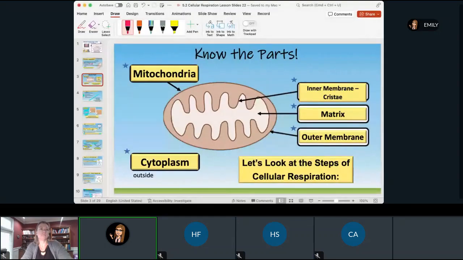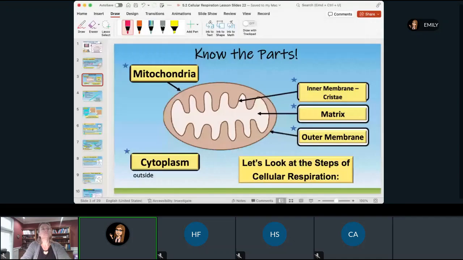Your mitochondria is free floating in your cell, and remember that cells are full of cytoplasm. So the cytoplasm is outside of the mitochondria. The cytoplasm is the liquid or jelly-like substance in your cell that helps it keep its shape and houses all of the organelles.